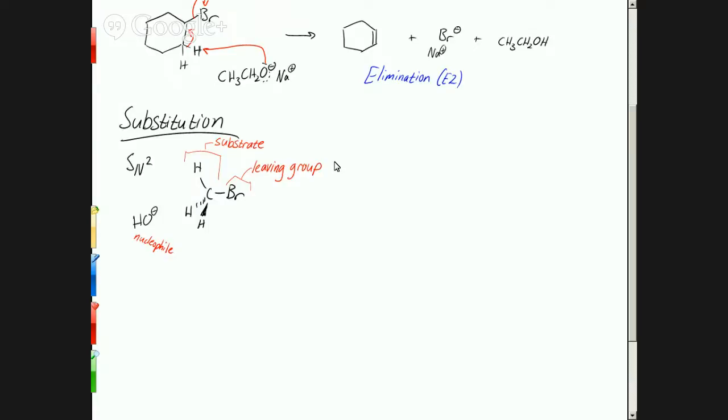All right, so we'll be referring to the nucleophile, the substrate, and the leaving group. So the nucleophile approaches the substrate directly opposite the leaving group. So if the leaving group is pointing out this way, the nucleophile has to come in behind like that. The reason for that is a couple of things.